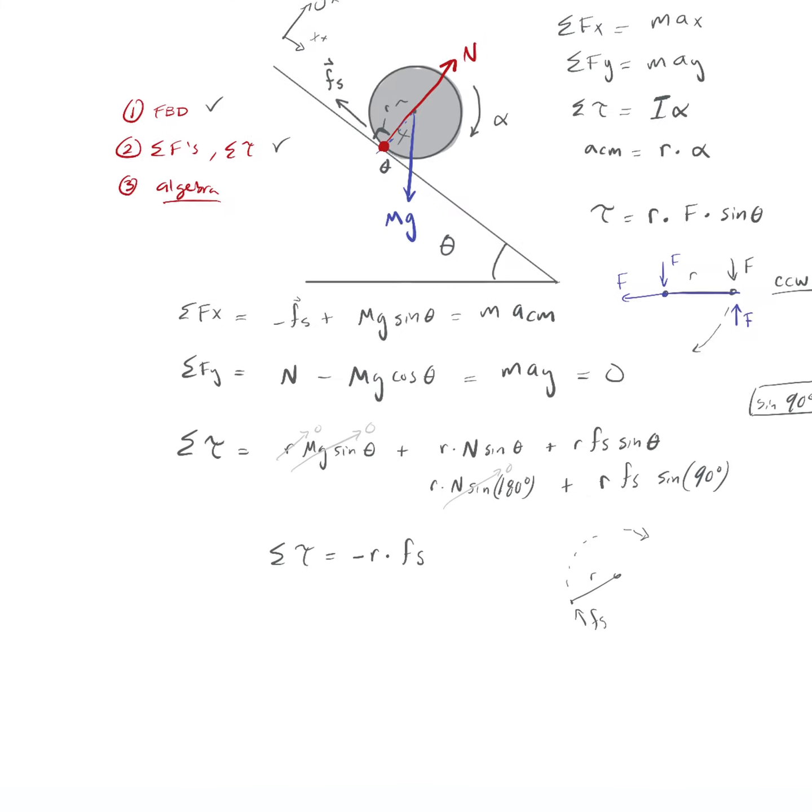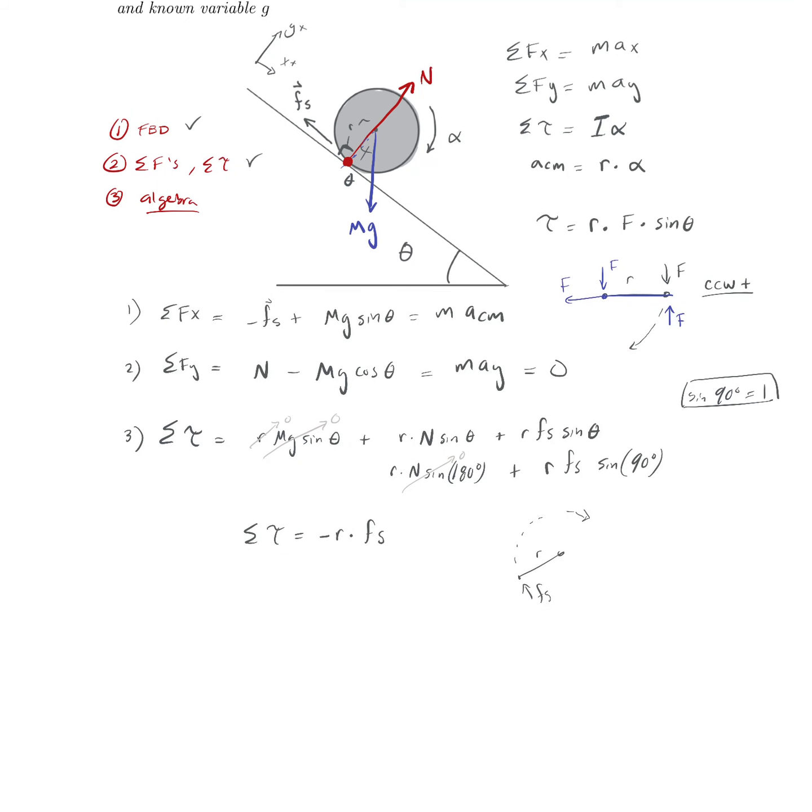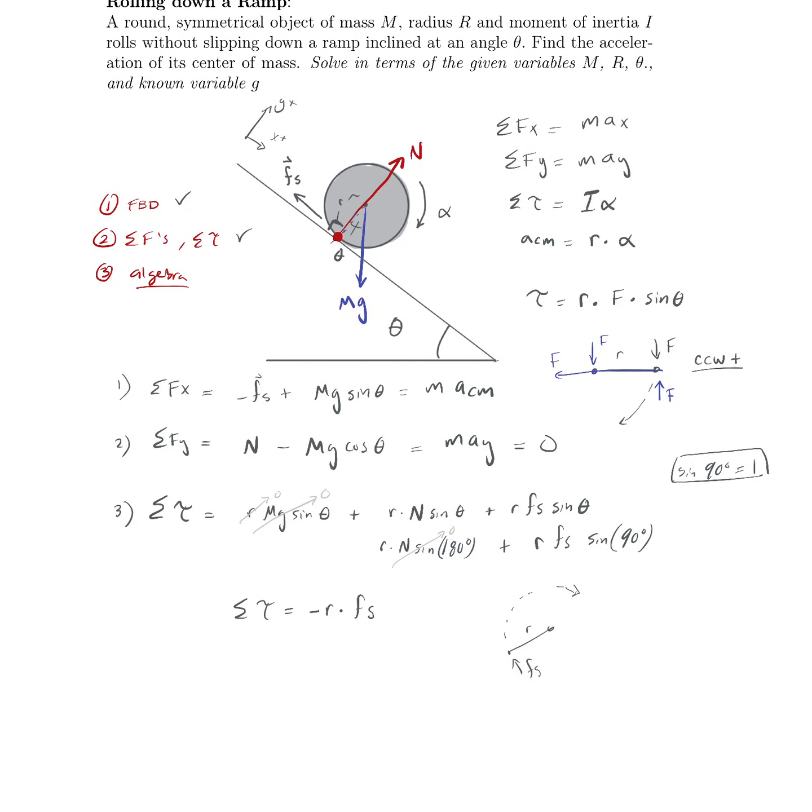All right, so I set up my sum of forces in the x equations, I set up my sum of forces in the y, and I set up my torques. I also have one more equation, and I know that I can use that because, as we said before, for rolling motion without slipping, the linear acceleration of the center of mass and the angular acceleration are related by this equation.